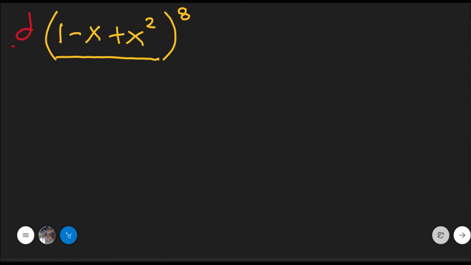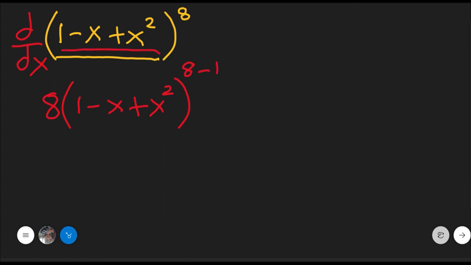So first we need to write d over dx, and then we are going to differentiate this. We need to bring this 8, we need to multiply this 8 with the rest of the function, and then we need to subtract a 1 from the power, and after that we are going to differentiate the inner bracket, which is 1 minus x plus x square.